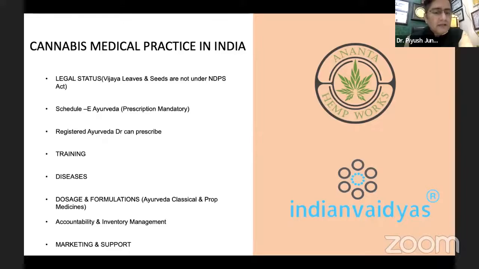In Ayurveda, the complete herb has been advocated and practiced. For example, leaves being dried and used as powder, or complete leaf extract, which is known as full spectrum Vijaya leaf extract. So the entire spectrum is incorporated as far as this particular herb is concerned.